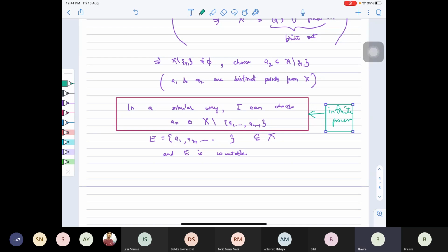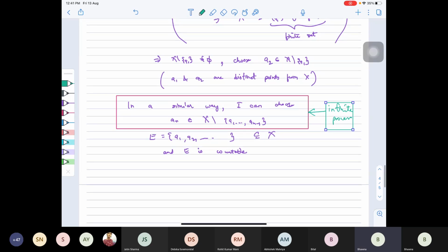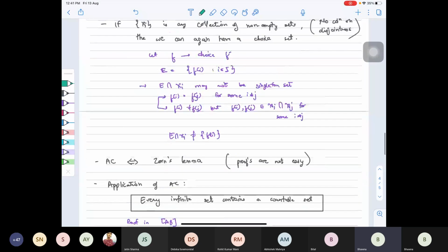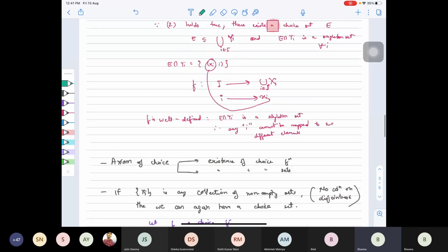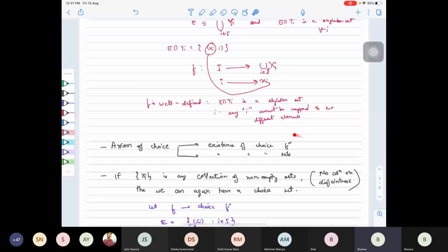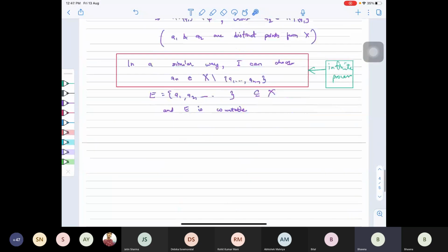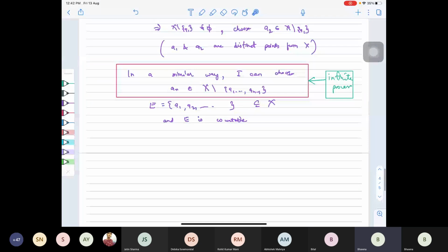So the axiom of choice in this particular case helps us, but not directly through these two formulations. They do not help here. The formulation which helps here is the dependent axiom of choice. Just Google it.